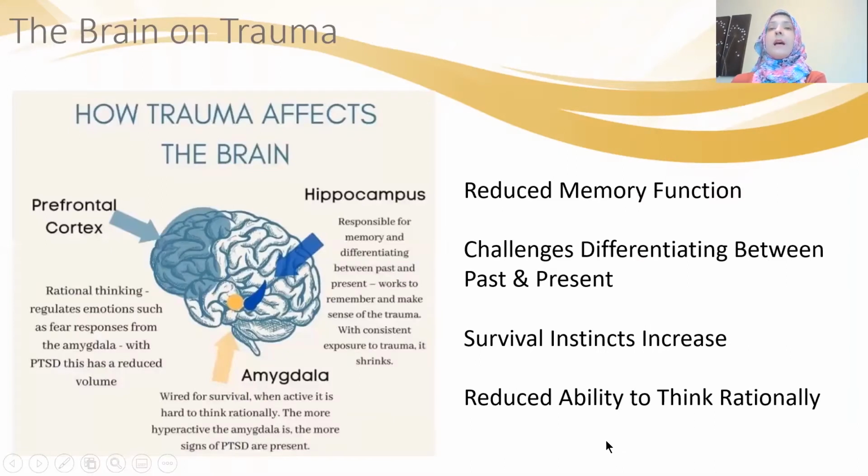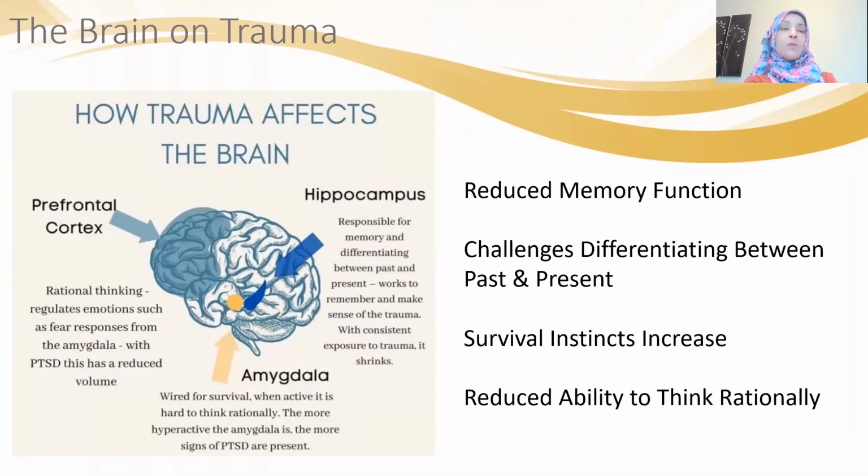So let's take a look at how trauma actually impacts the brain. As I mentioned earlier, there is an actual physical response from the body when it is exposed to traumatic events. So we'll look a little bit at that. If we look at the amygdala, which is at the base of the brain, this is the limbic system, which is governed by instinct, not rationality.